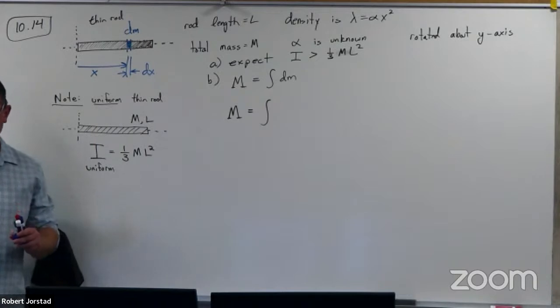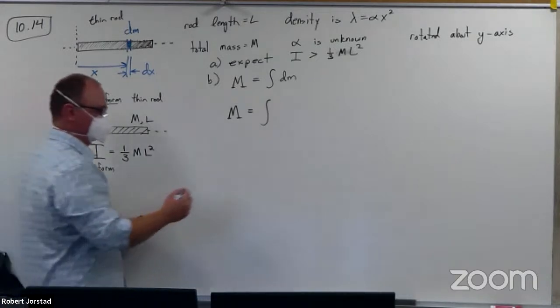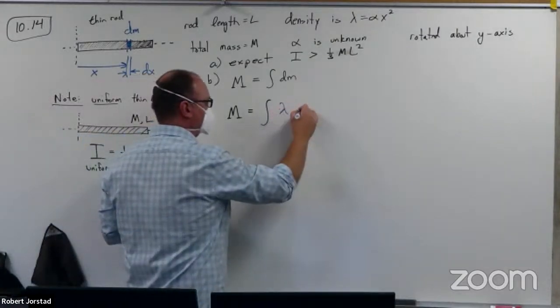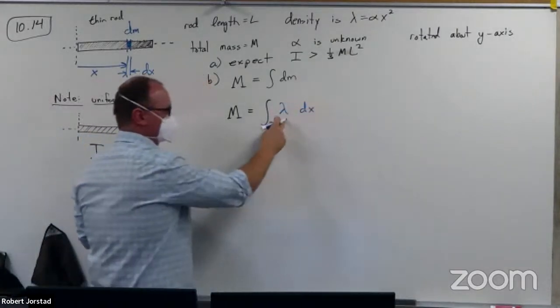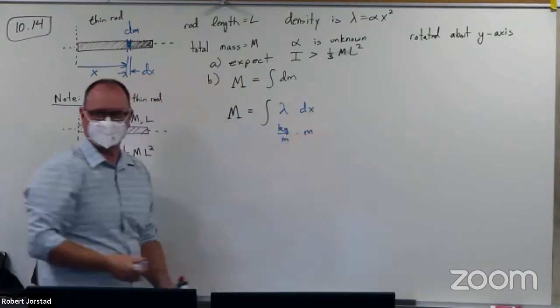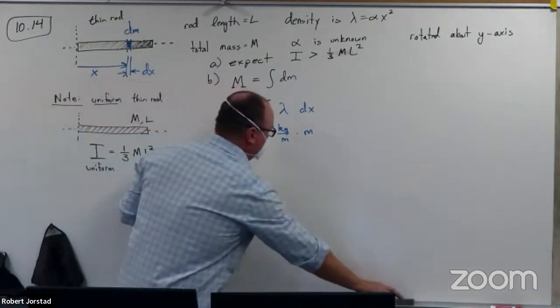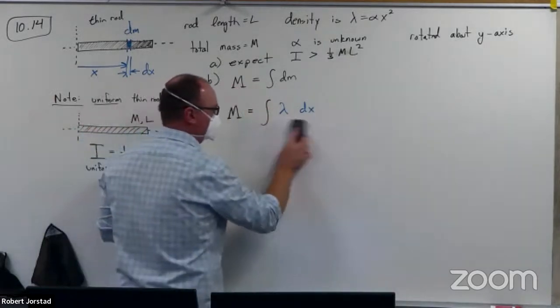That doesn't make sense that way. So try again. Lambda, because this is kilograms per meter times meter. That's how I like to check those units when I'm plugging in something, before I waste a lot of time. Good idea? Okay. The units look good.